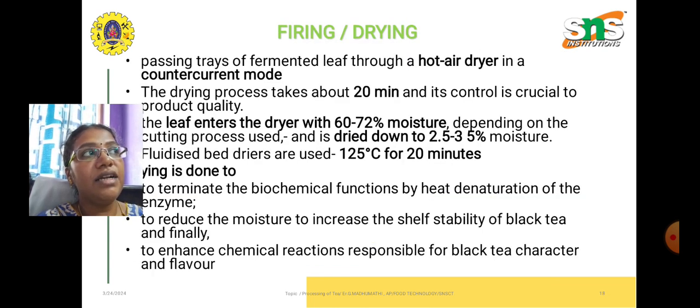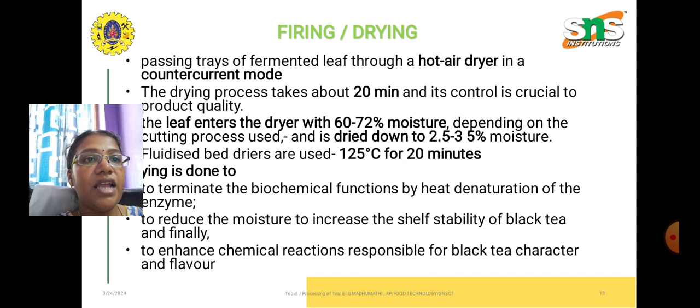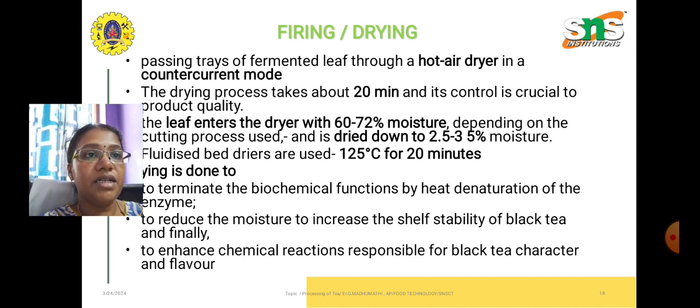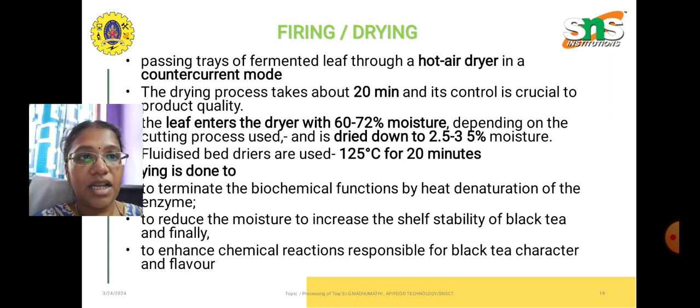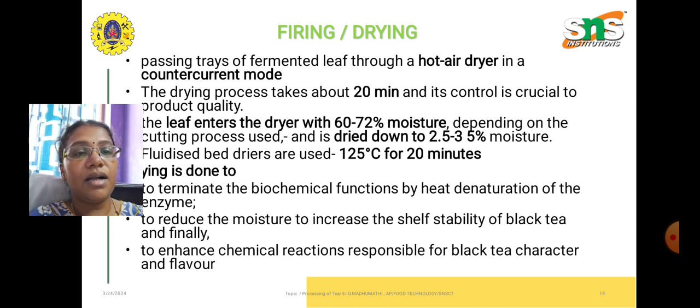Then the frying and drying process. From the term itself we can understand that it is done to reduce the moisture content. The drying process takes nearly 20 minutes, and its control is crucial to product quality. The leaf enters the dryer with 60 to 70% moisture, depending upon the cutting process used.